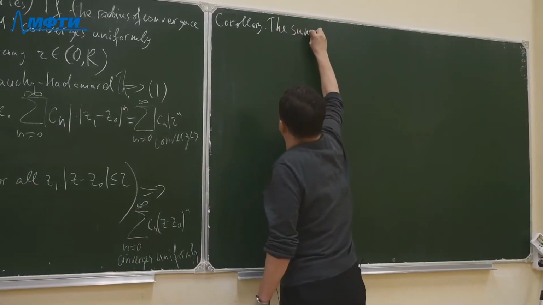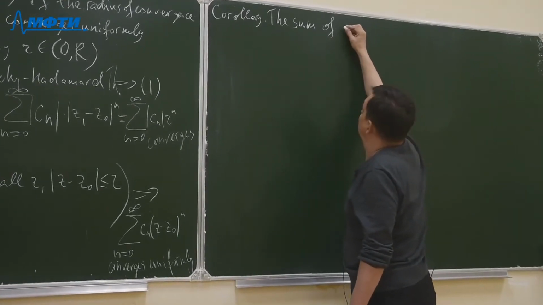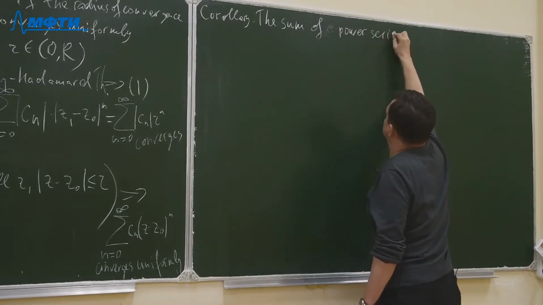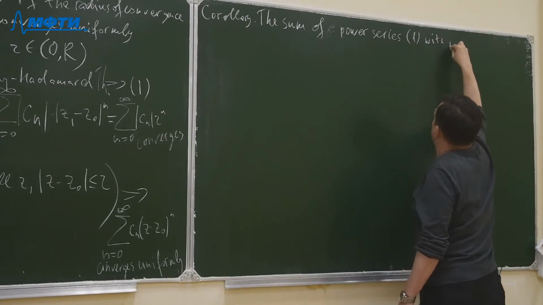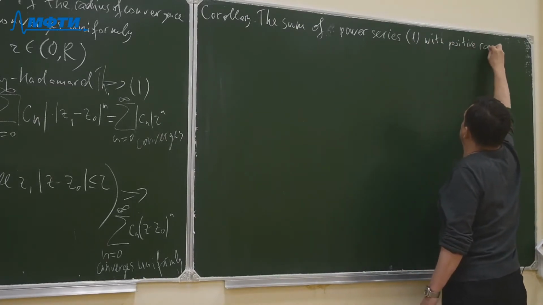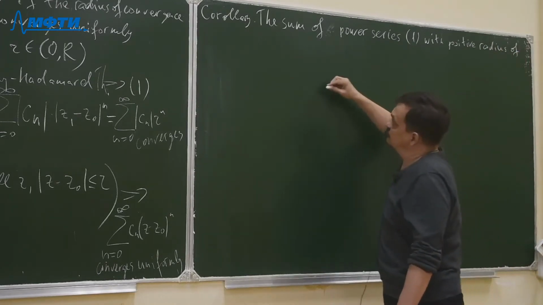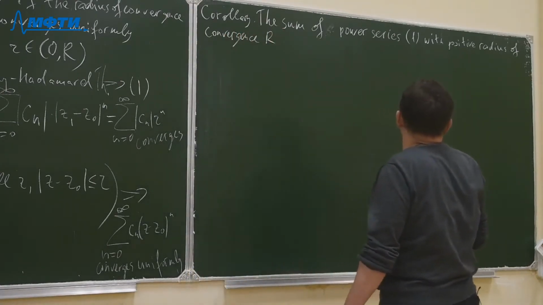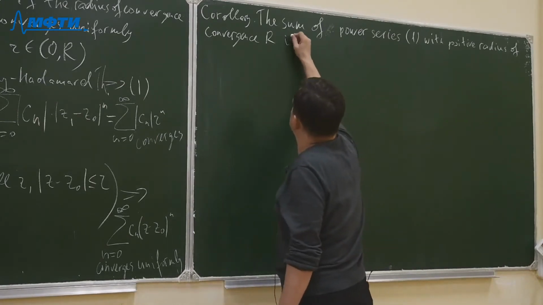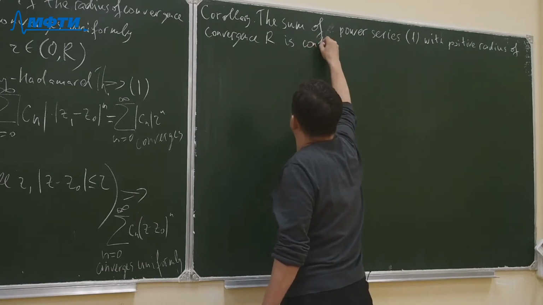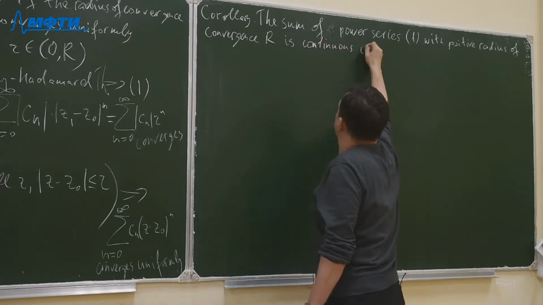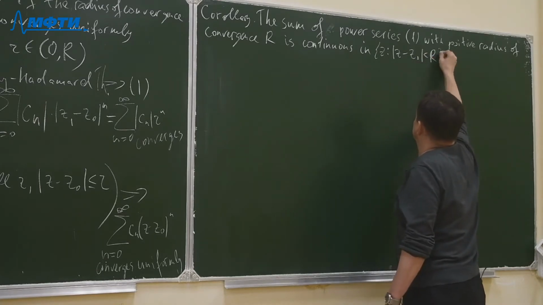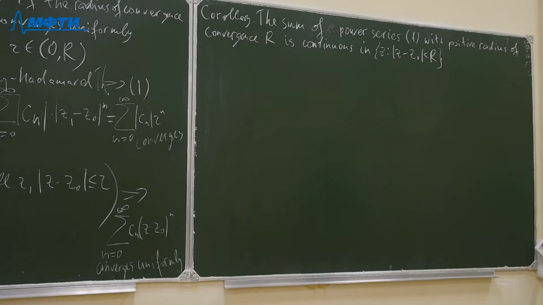The sum of a power series (1) with positive radius of convergence R is continuous in the open disk. Proof.